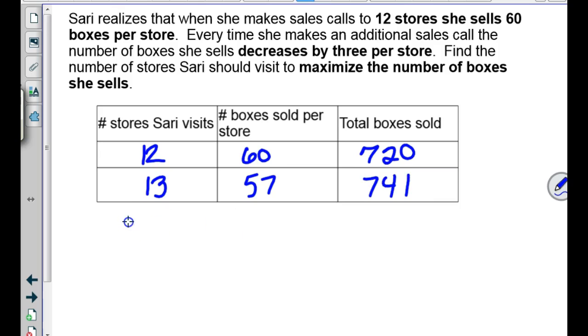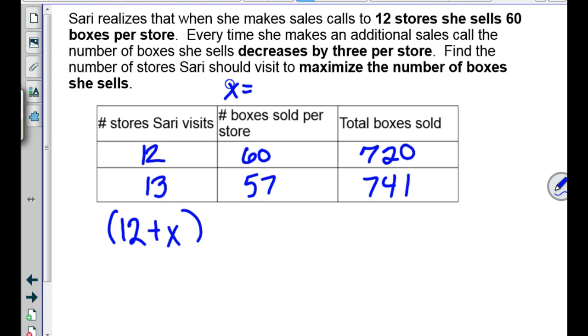Okay. Now, what's happening here? How do we write an expression? You could do a couple more by hand if you needed to, but how do we write the expression for this column? It started at 12 and it's going up by 1.